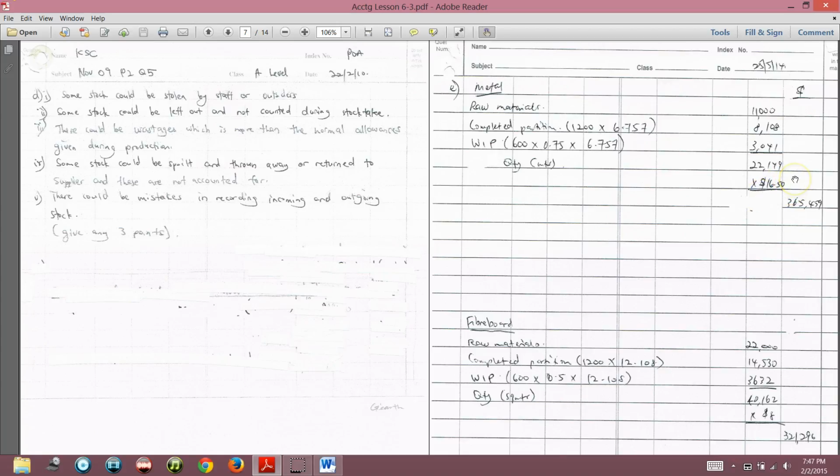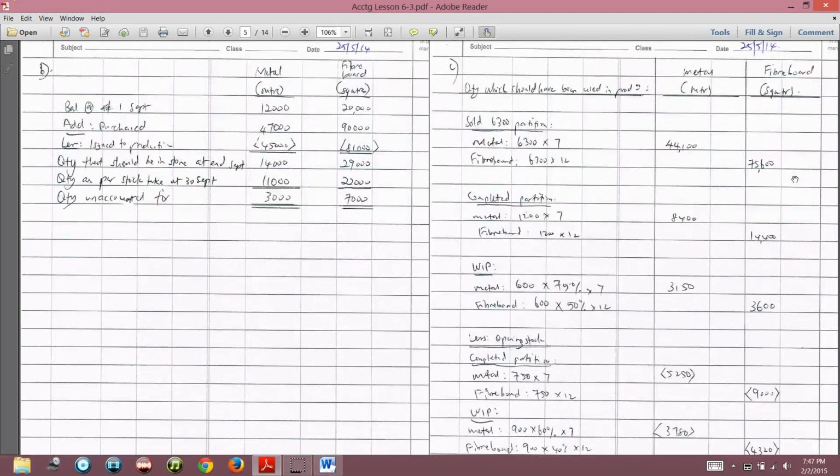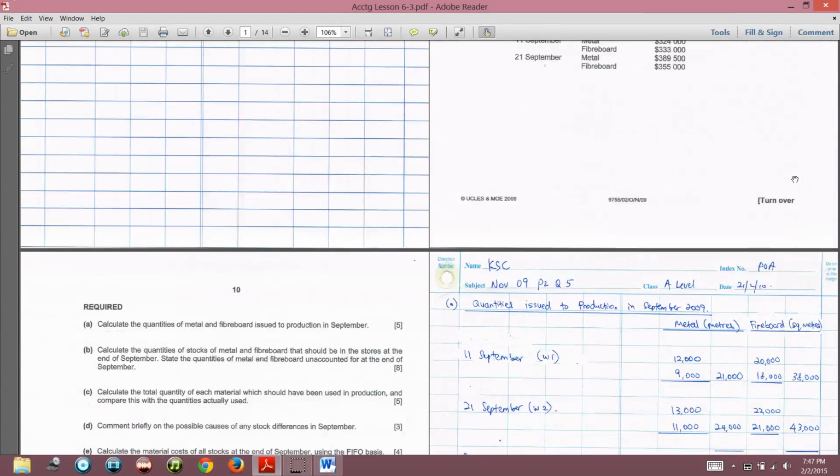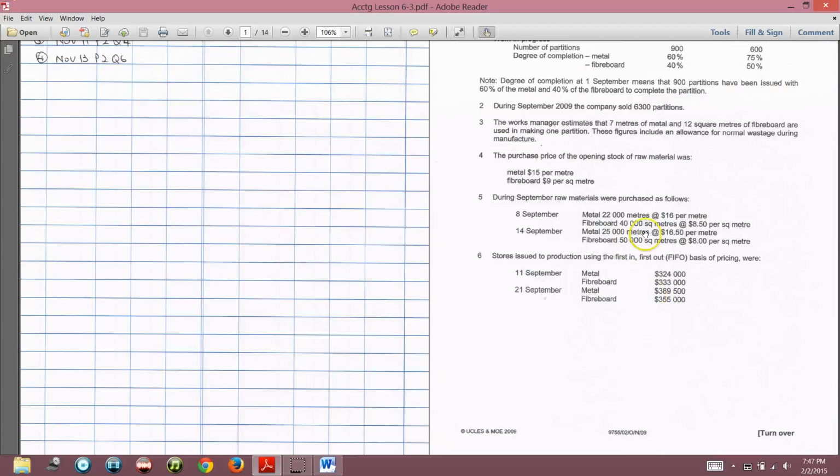So then what is the cost? You see the question says it's on a first in first out basis. So that means the last incoming batch of metal is $16.50. If it's first in first out, the earlier purchased metal would have gone out to be sold first, then the balance would be in the stock.